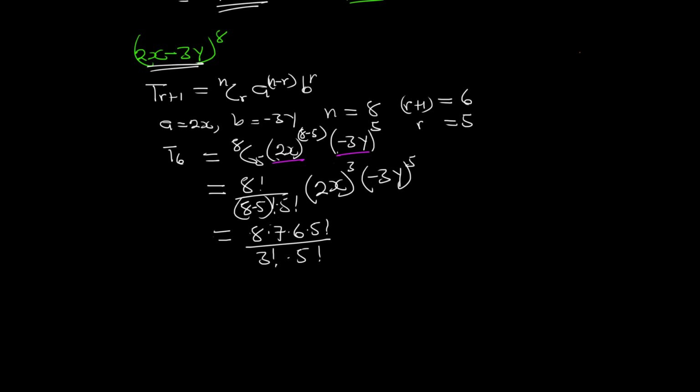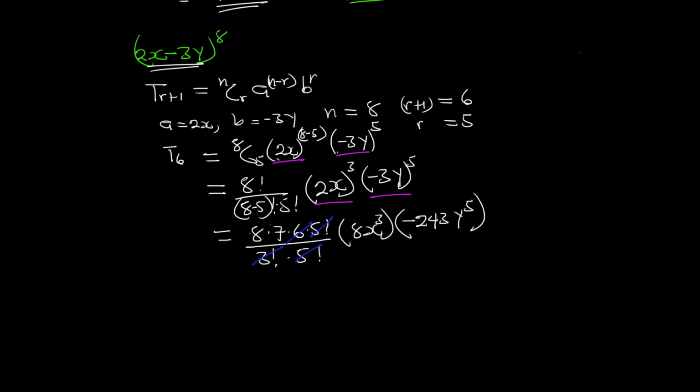This is multiplied by the term here, and that gives us 8x cubed, multiplied by the term here, and that gives us minus 243 y to the power 5. We can now cancel some terms. 5 factorial cancels 5 factorial, and 3 factorial is 6.